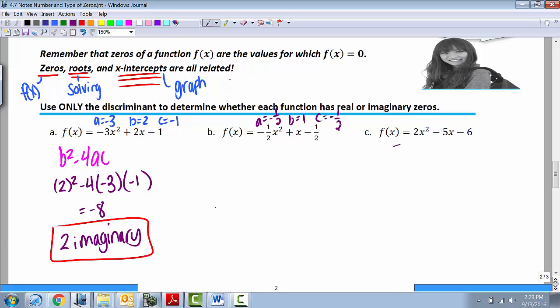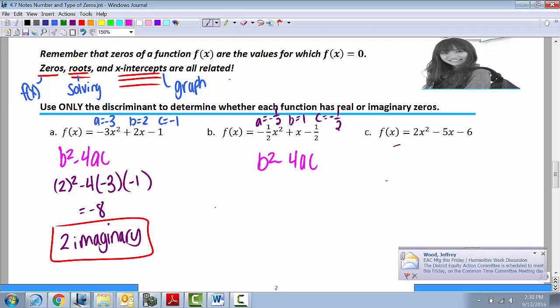Negative 1/2. Now, a lot of you are going to be like, how the heck do I put a fraction in this calculator? It's just division. Thank you, because you were listening in the past. Or what is 1/2, really? 0.5. If you knew that. But remember, it is b squared minus 4ac. That's your formula. It's going to be given to you. It's your discriminant.